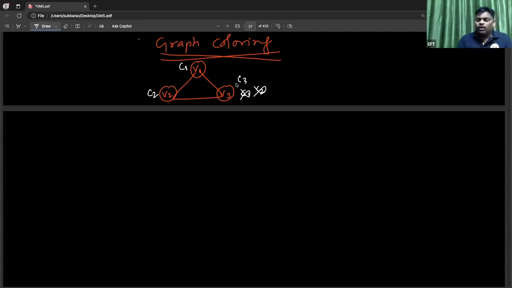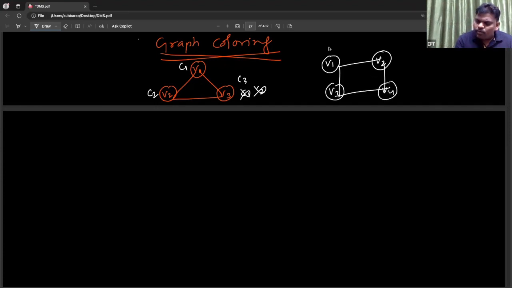Fine. Now can you see this one? V1, V2, V3, V4. Can I give everyone a different color? Is it graph coloring? Yes.